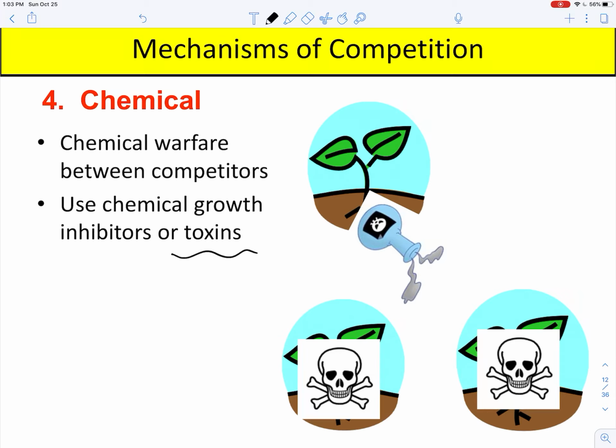And sometimes they just use toxins to directly kill another organism. So here we can think about allelopathy in plants as an example, where this plant is releasing a toxin through its roots and either directly killing the plants around it or inhibiting growth of those other plant species.